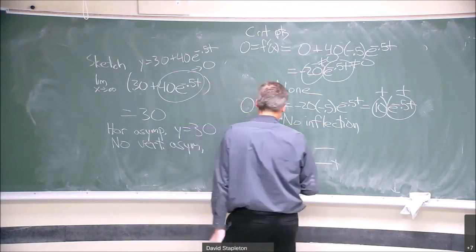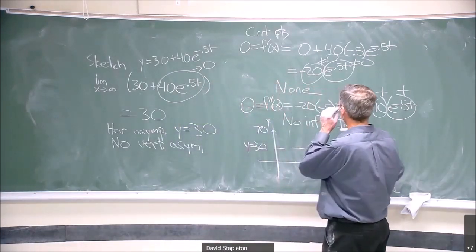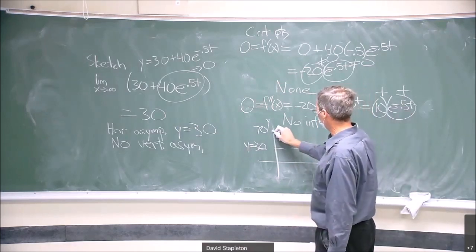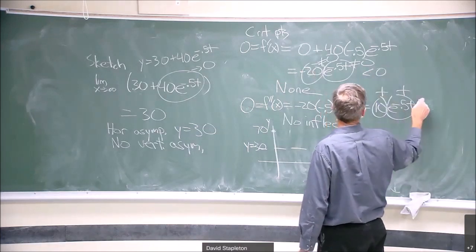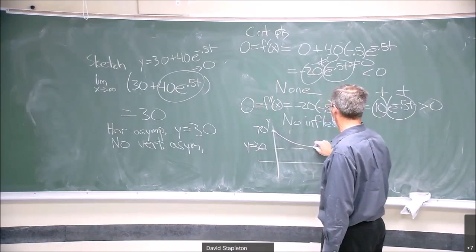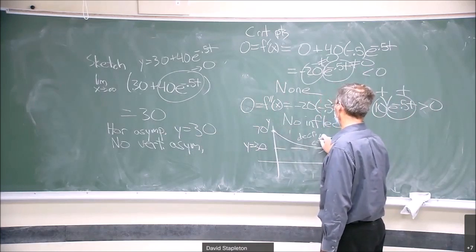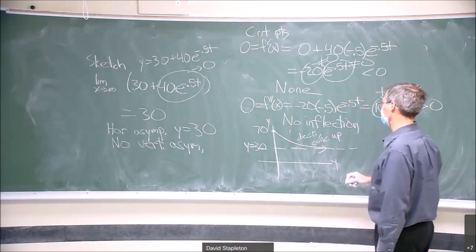And if you look, the second derivative is positive, so it's concave up. The first derivative is negative, so it's decreasing. We just draw decreasing and concave up heading towards this asymptote, y equals 30. There it is.